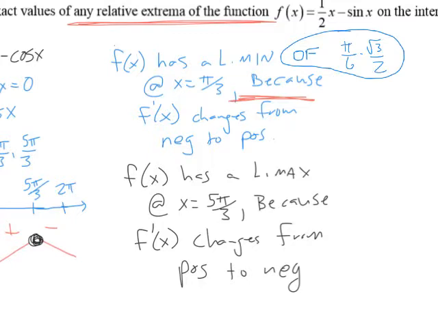Going to our maximum, we plug 5 pi thirds into our equation, and we see that we have a local max of 5 pi sixths minus sine of 5 pi thirds, which is root 3 over 2.